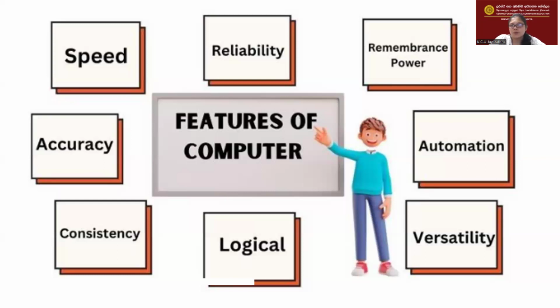Computers are also always automated. It means it works without us having to give commands every time; it works automatically. Computers also work with some logic. It means they have some programs and functions, so that is the logical way.